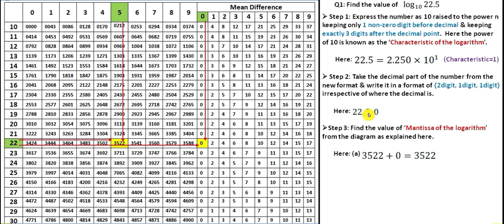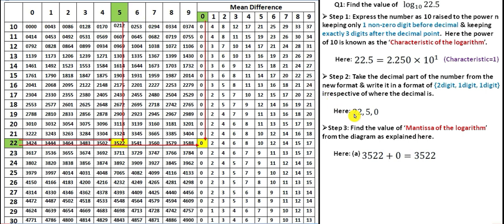Similarly, the second digit you should search in the first part of the first row. I am telling from here to here as the first part, and here to here as the mean difference part, or the second part. So you search that second digit, that is 5 here, in the first part of the first row. So here you are getting 5.